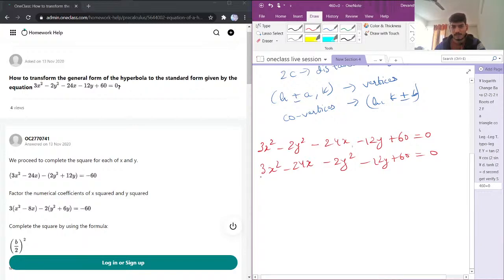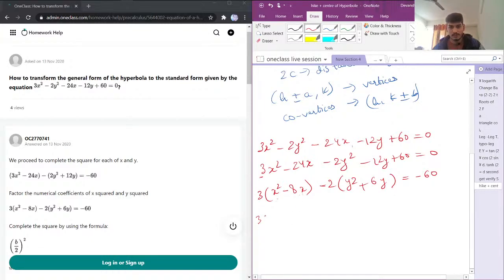Then I will take 3 common from here, so x squared minus 8x. I will take minus 2 common from here, then this will be y squared minus 6y, and I will take 60 to the RHS. Now I will complete the square within the bracket.